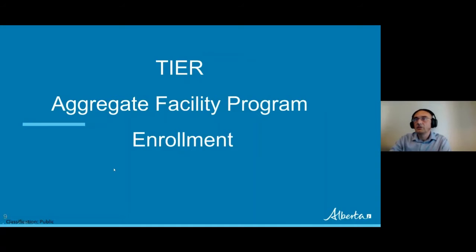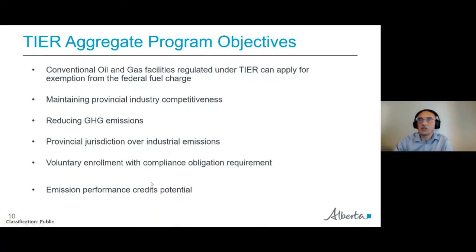Good morning. I'd like to expand on the objectives of the TIER aggregate facility program, and one of the key ones actually is the ability for operators of facilities to be exempt from the federal fuel charge. Other objectives include competitiveness in the industry, of course, reducing greenhouse gas emissions, and providing provincial jurisdiction over the industrial emissions.